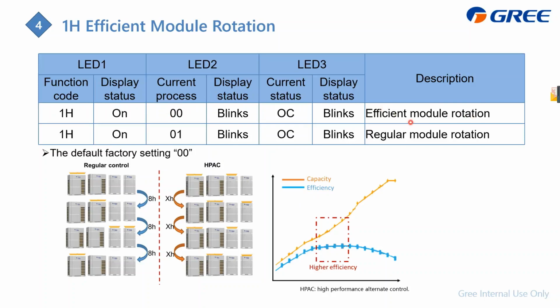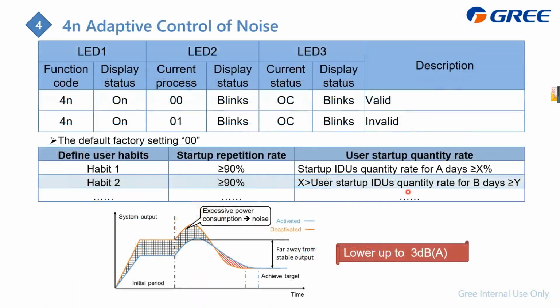But if you do not want efficient module rotation and want to use regular module rotation, you can change this 00 to 01. This regular module rotation is the same as GMV5. The default setting is 00, efficient module rotation.